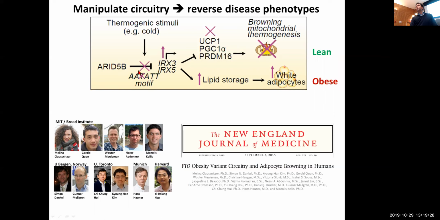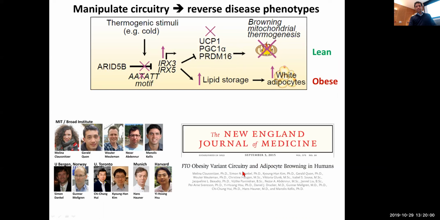It normally binds the super enhancer, represses IRX3 and IRX5, these two downstream genes, which turn out to be master regulators of obesity, master regulators of a process known as thermogenesis or heat generation, which basically depolarizes the mitochondrial membrane, losing energy as heat rather than storing it as lipids, and then switching from lipid storage to fat burning, okay?